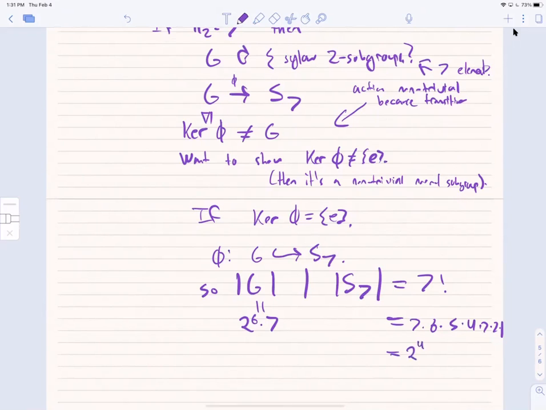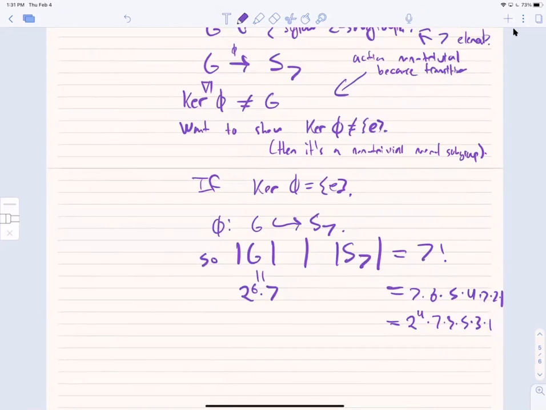So you have 2 to the 4 times 7 times 3 times 5 times 3 times 1, sorry. I just took all of the 2s out: 6, 4, and 2. This is where I got all my 2s in my factorization.